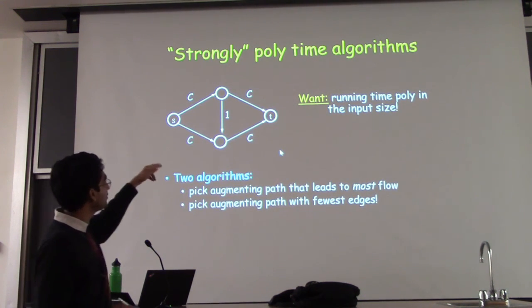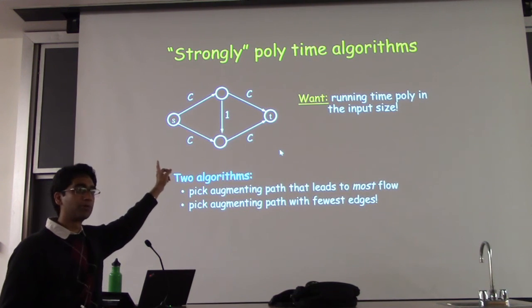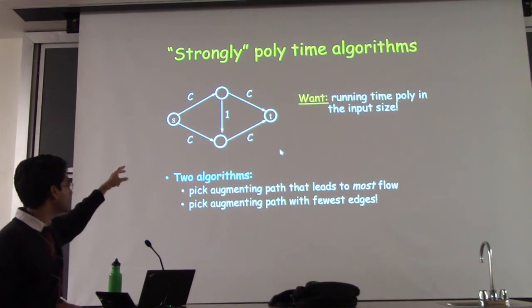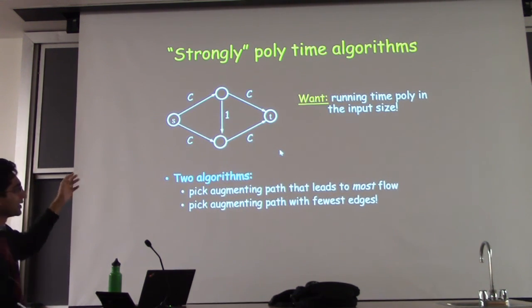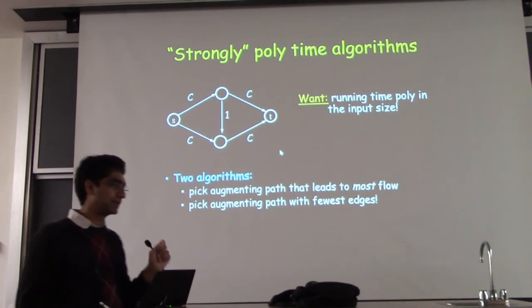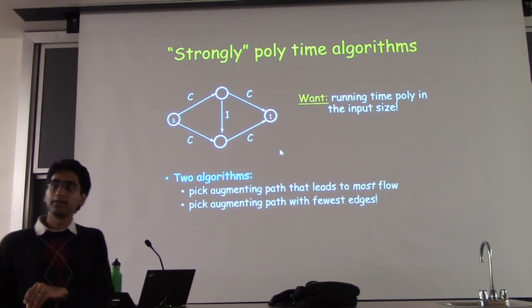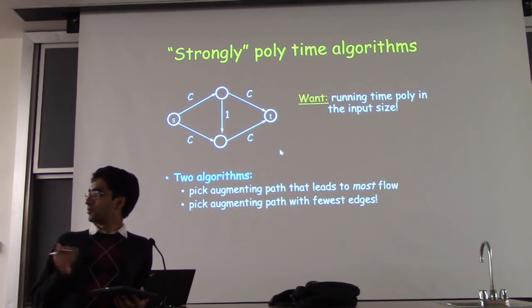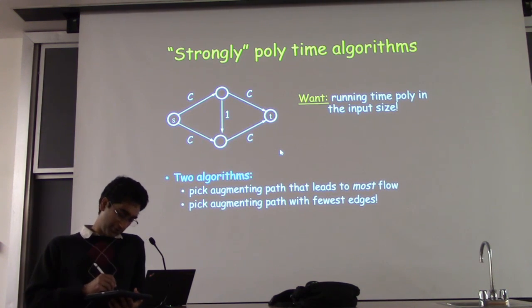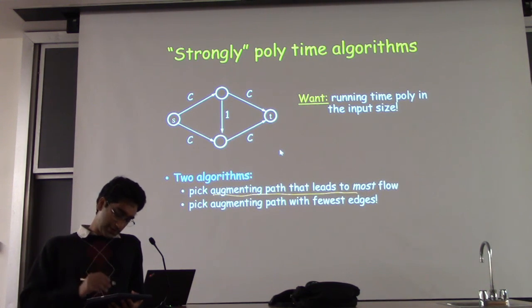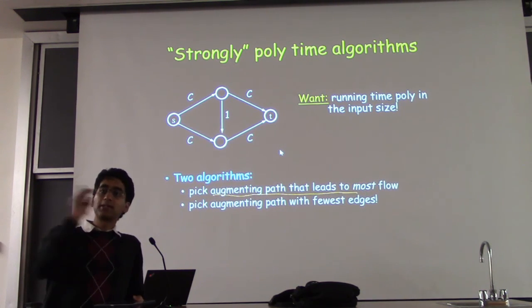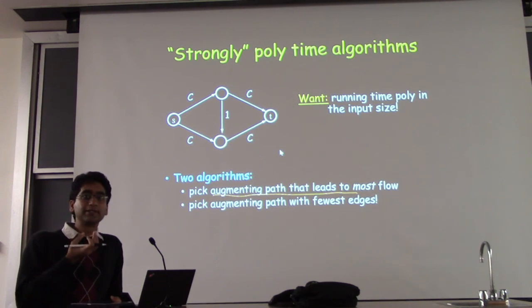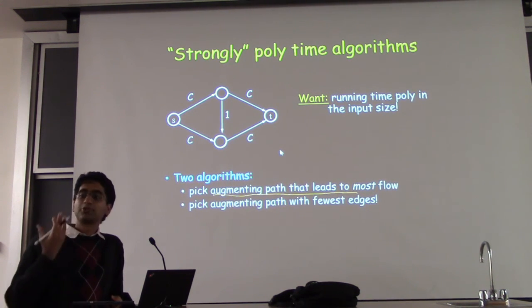So there are actually 2 ways to get around this problem. Maybe we won't see them even next time, but we might see one of them next time. And the 2 ways are actually both things that you guys have pointed out in the past. So one is what he just said: every time you have a choice, pick the path that has the most flow.